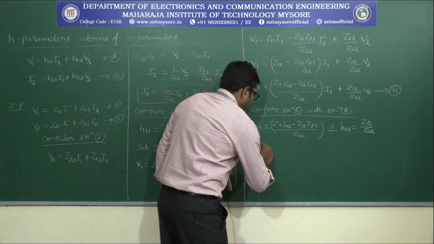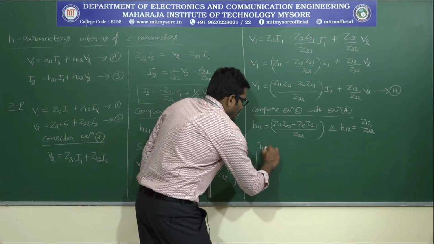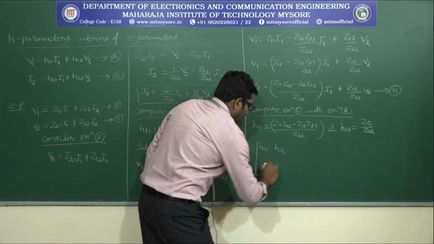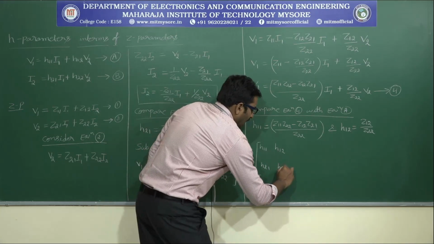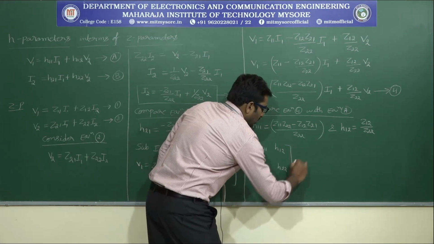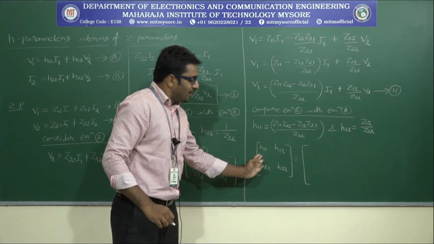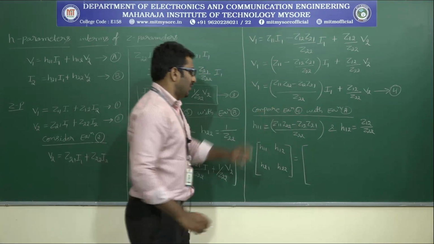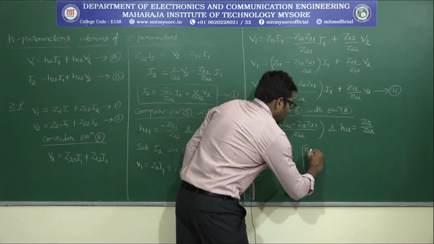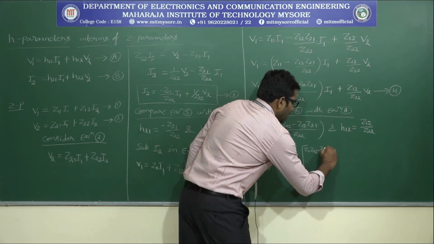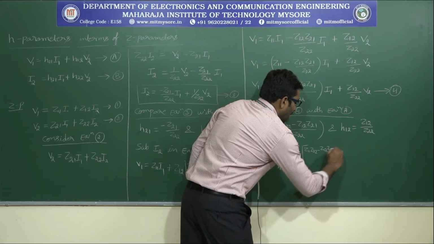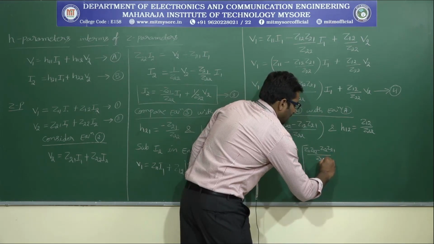Finally, just write it in the matrix form. Yes, H11, H12, H21, H22. So, these are the H parameters in terms of Z parameters. What is the first one? Z11 Z22 minus Z12 Z21 divided by Z22.